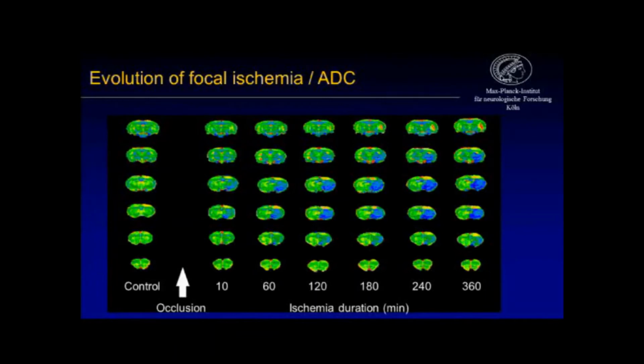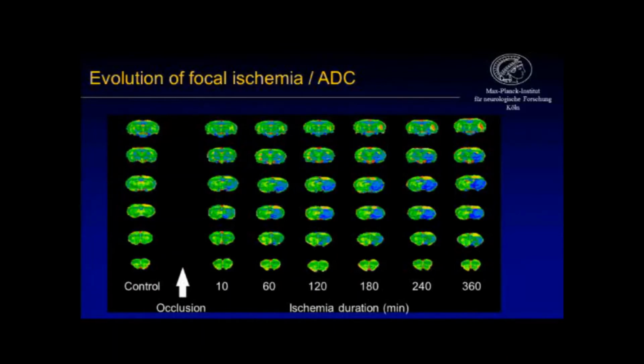This was a remote control version of the suture occlusion technique. And you see that directly after occlusion, you already see a diffusion change in this area. And then as you follow this over 6 hours, you see the shift to blue is more and more pronounced, indicating a stronger and stronger change in the diffusion behavior.